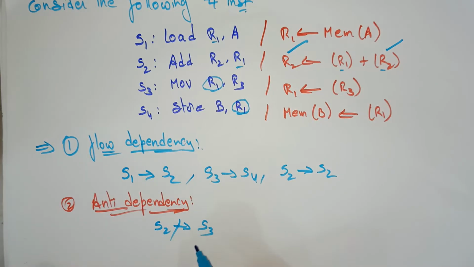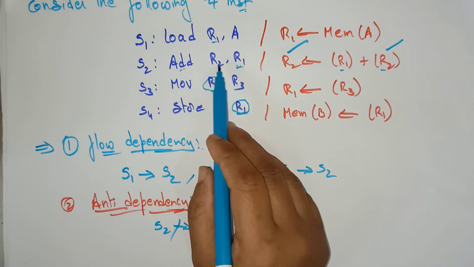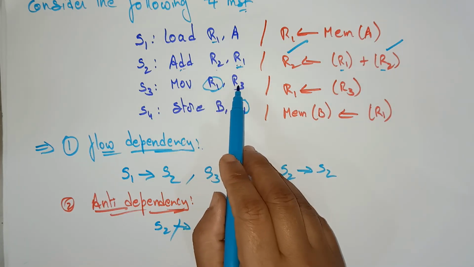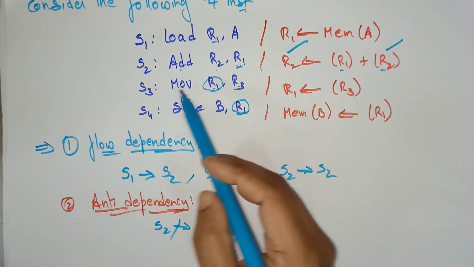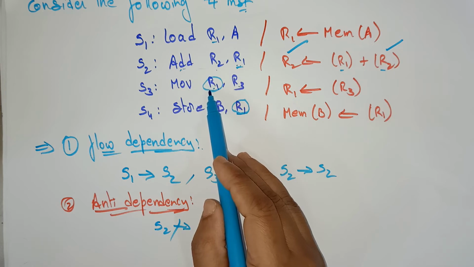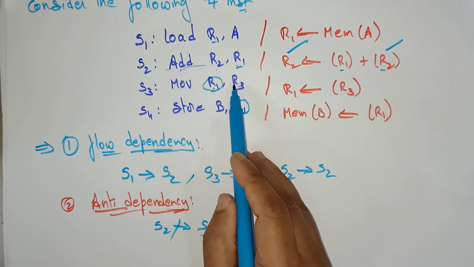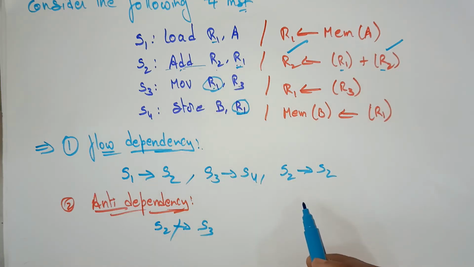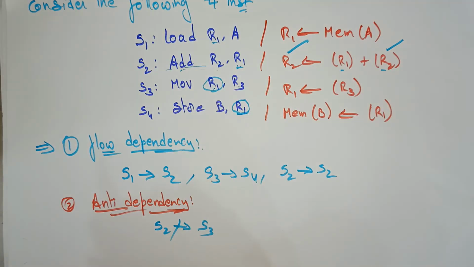Let's check. What is S2? Add R2, R1, so the result will be stored in R2. And here we are trying to move the R3 value to R1. After executing this operation, we update the R1 value. Suppose before executing S2 we move the R1 value; this is anti-dependent on S2. So that's why S2 is anti-dependent on S3.